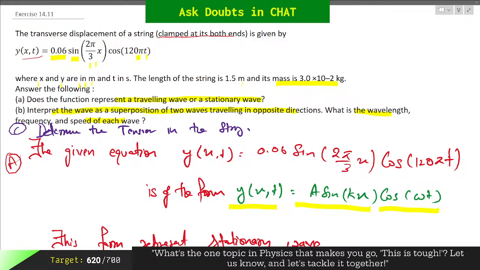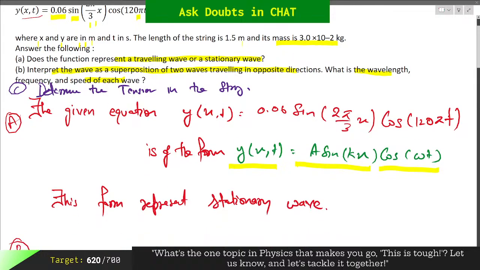The length of the string is 1.5 meter and the mass is 3 × 10^-2 kg. We have to answer, does the function represent a traveling wave or a stationary wave? The given wave equation is in the form y(x,t) = A sin kx cos ωt, and this represents a stationary wave.